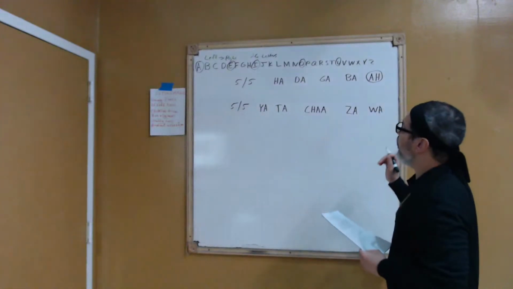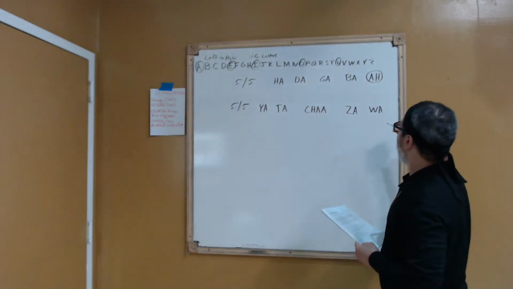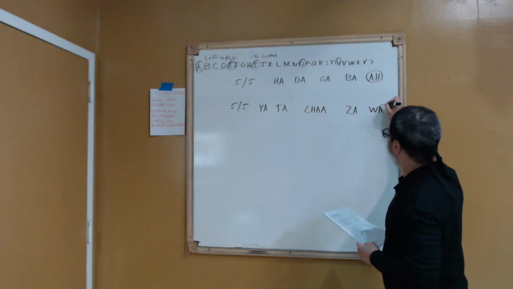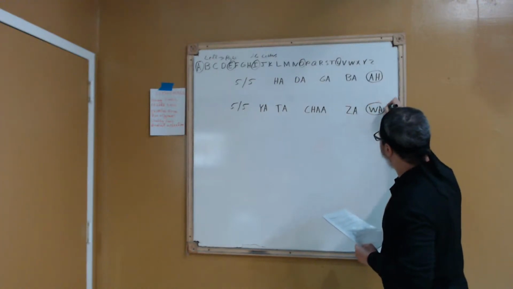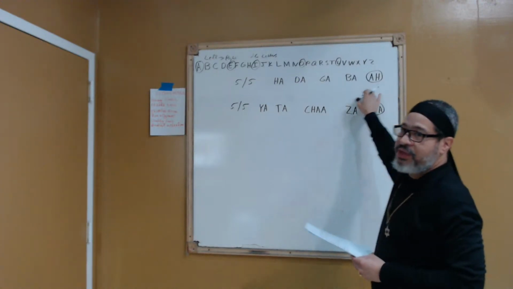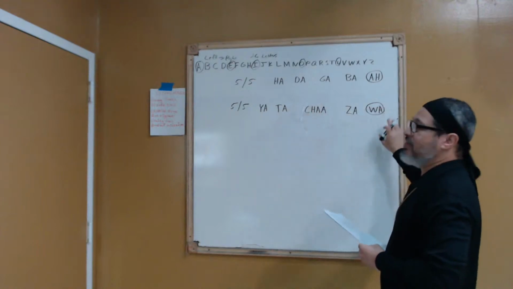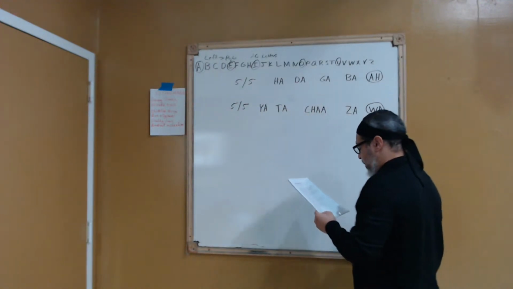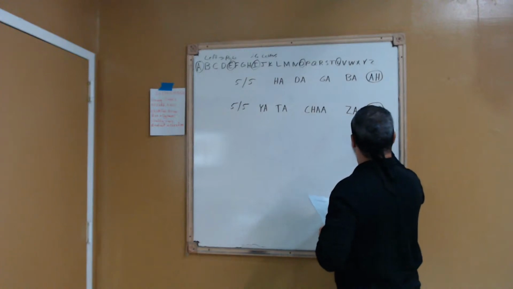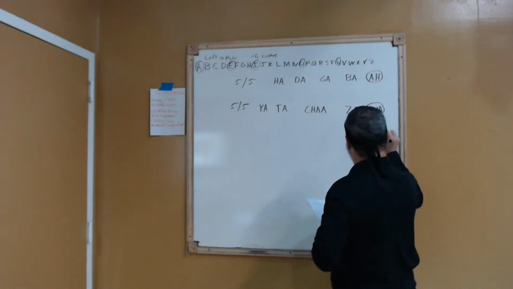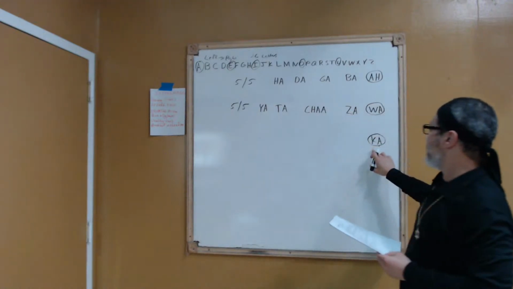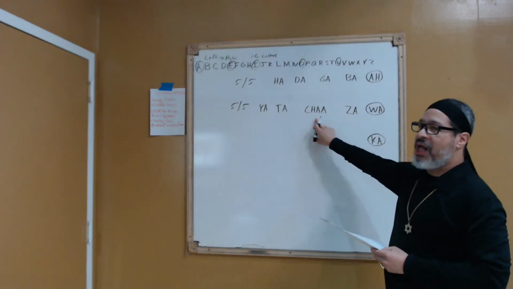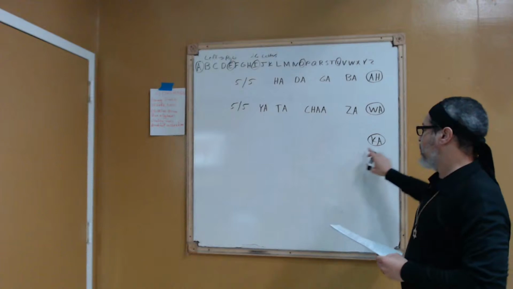How I remembered the sequences is that I always remember the first character too. When I memorized this, I thought: the first sequence starts with an ah, the second sequence starts with a wa, and the third sequence starts with a ka. This ka is different from the other ka.